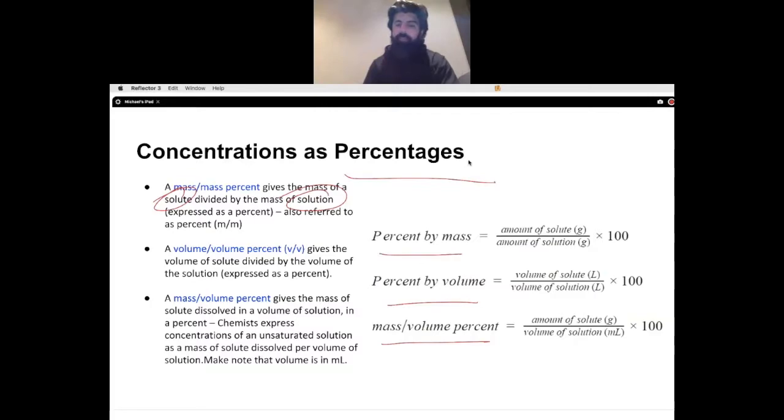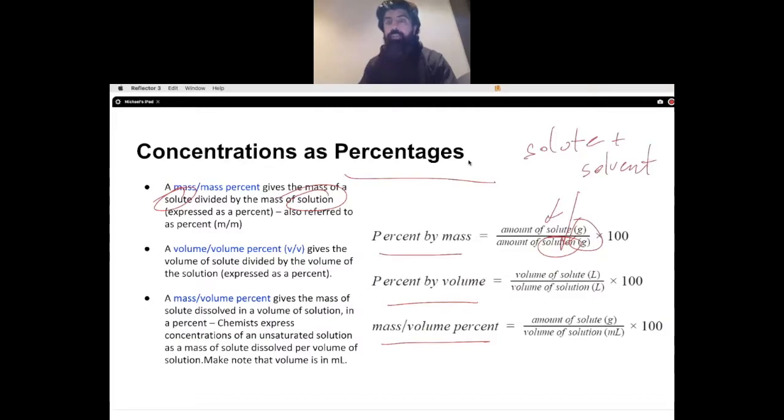But let's look at the mass percent. What we are looking at is two masses in grams, but the first mass is of the solute. So we're going to put some solute into the entire solution, whatever the mass of the entire solution. Understand that this solution part will be solute plus solvent.